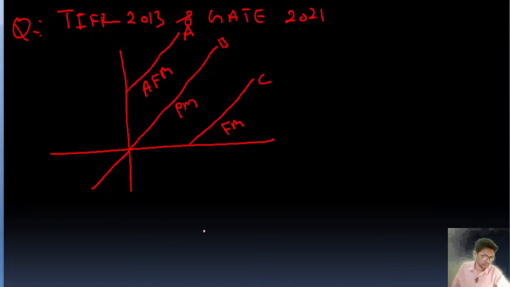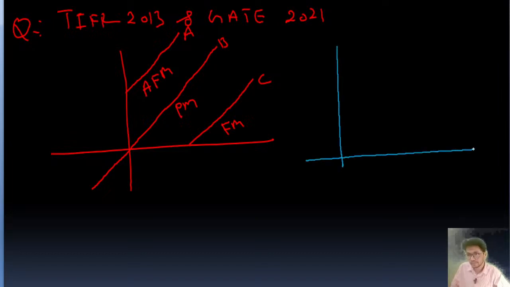Okay, very important. And here, guys, one more thing: if you draw the graph of T versus chi for antiferromagnetic, this graph is going to be like this, antiferromagnetic and paramagnetic.